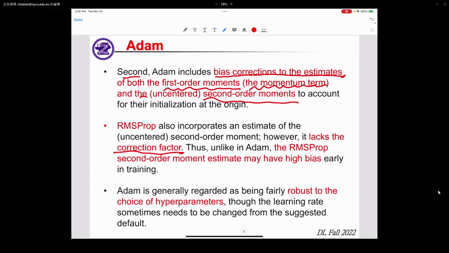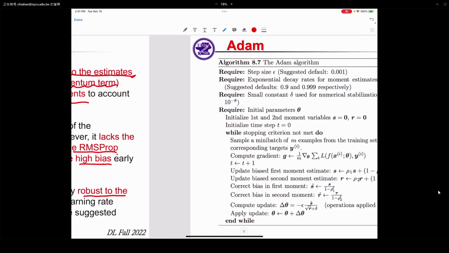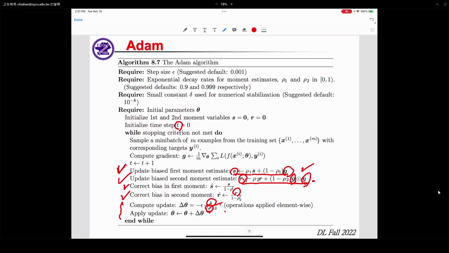So you correct the high bias problem in the earlier algorithm, and usually it is more robust to the choice of hyperparameters. But still you have to adjust the hyperparameters like the learning rate and others. Still have to adjust them.